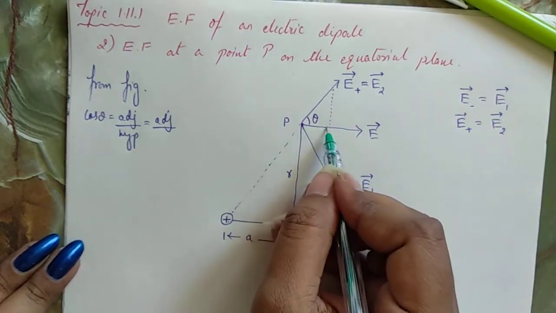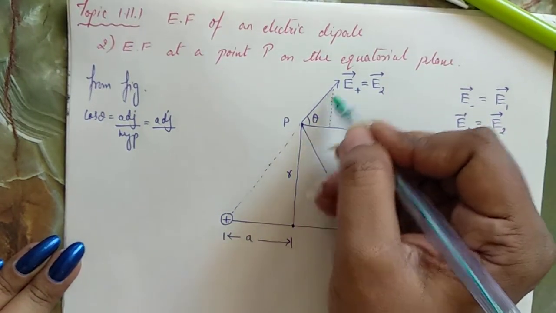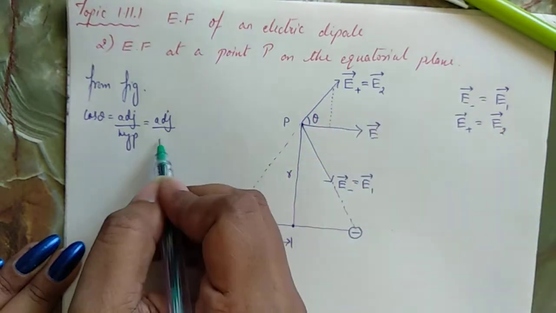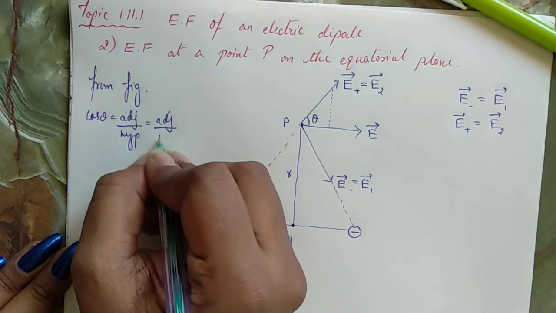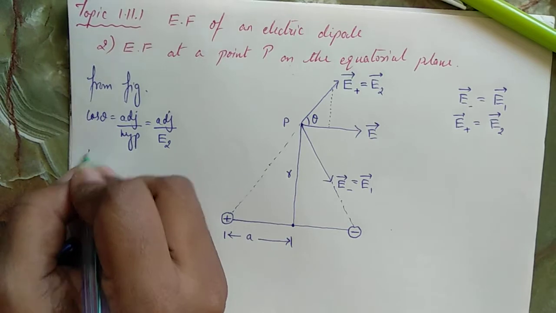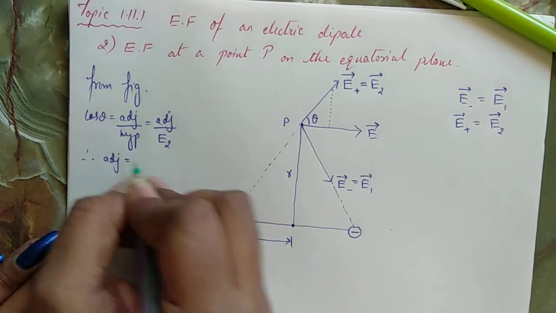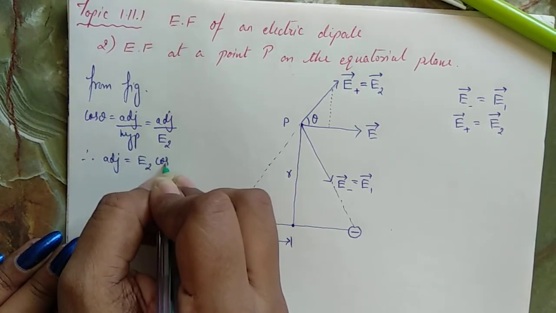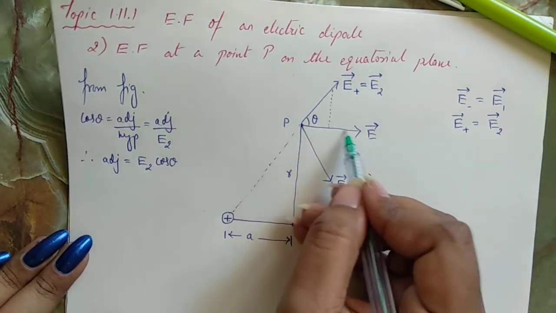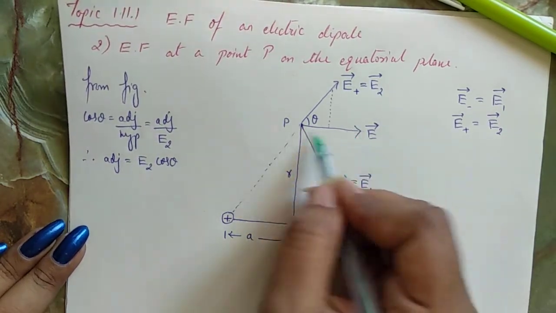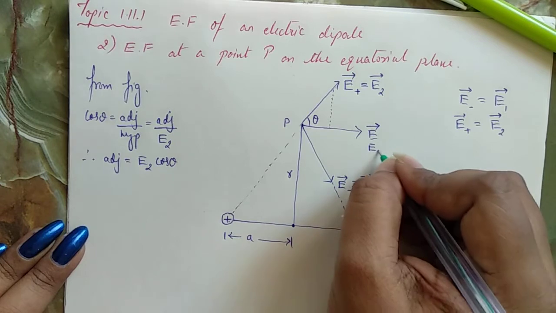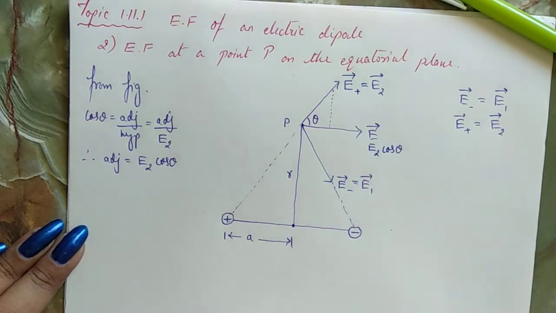So this is the adjacent side and this is the hypotenuse. Here we need to write down the magnitude of hypotenuse, which is E2. So from this I can say that the adjacent side is equal to E2 cos theta.